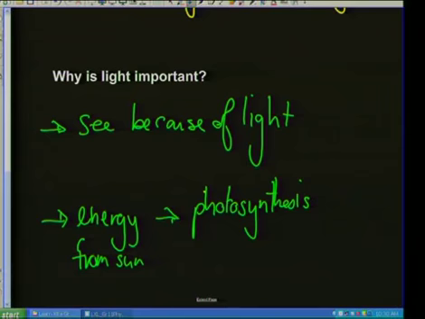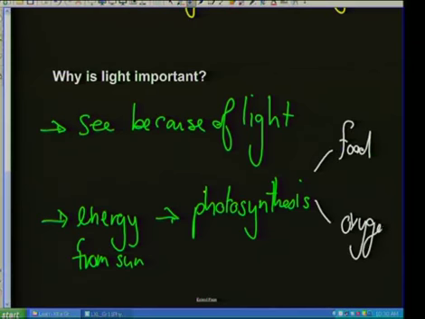They're able to take the energy from the sun and convert it in an amazing process to make food for us. Without this, we would not survive for two reasons. One of the products of photosynthesis, as I've mentioned, is food, which is really important, but the other is oxygen, a byproduct. Without these two things, life would not exist. So I hope you can see that light is very important.